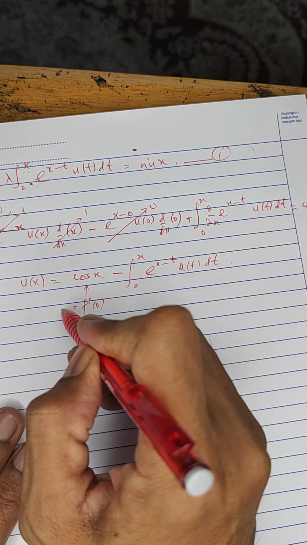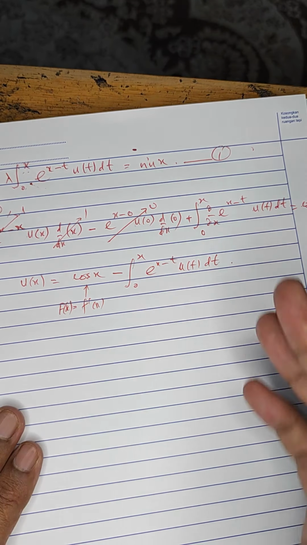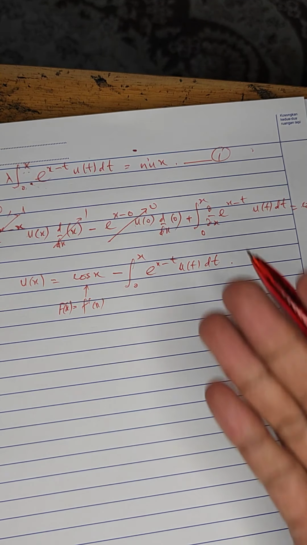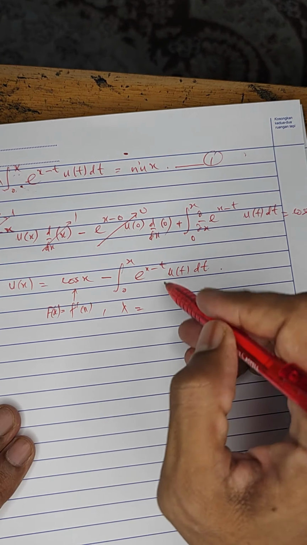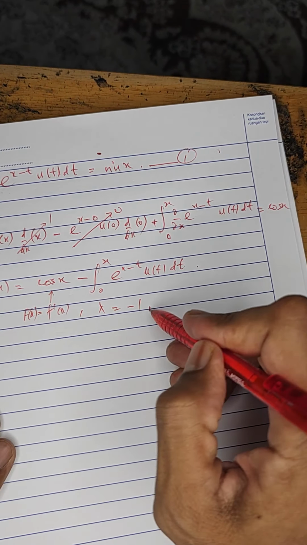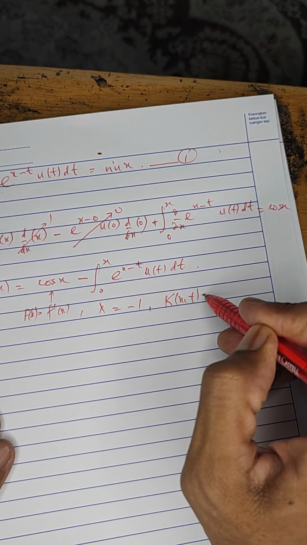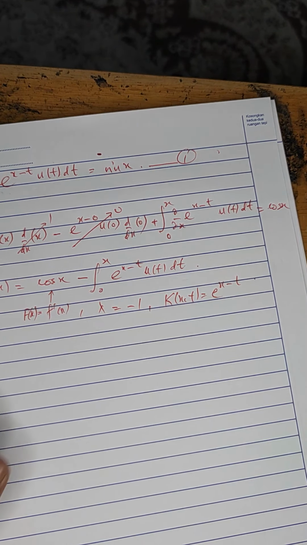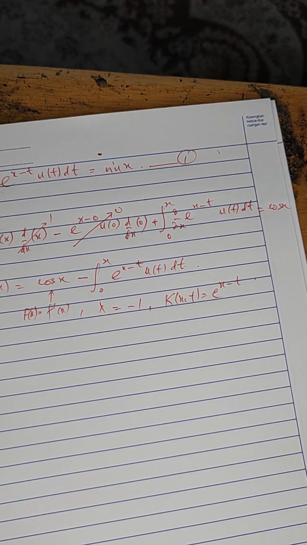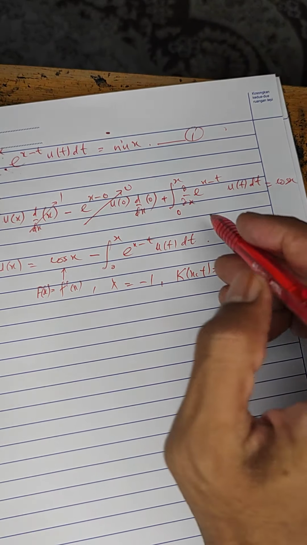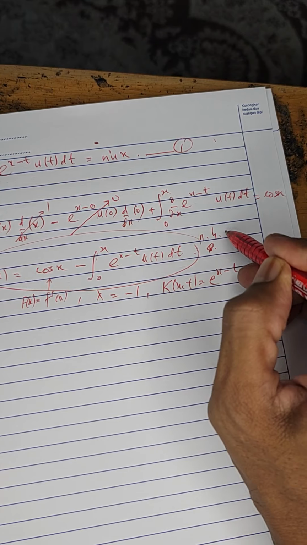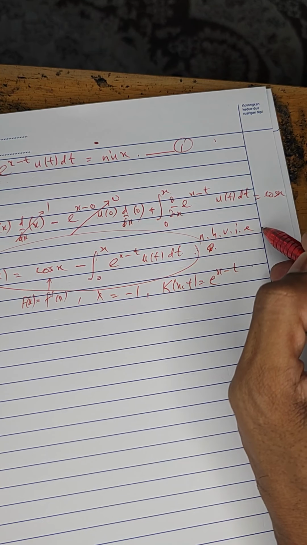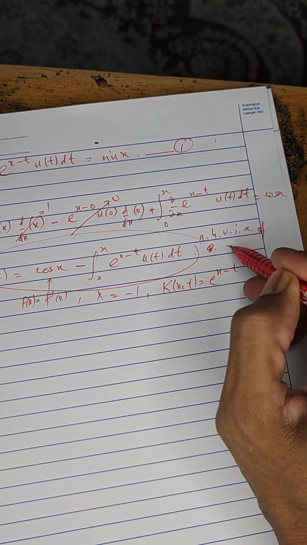Now you can name it, let's say capital F(x), just to give it a name, because we need those things in order to find the general terms. Also your lambda in this case equals minus 1, and your kernel is e^(x-t). Then we use the iterated kernel, because this is the non-homogeneous Volterra integral equation of the second kind.